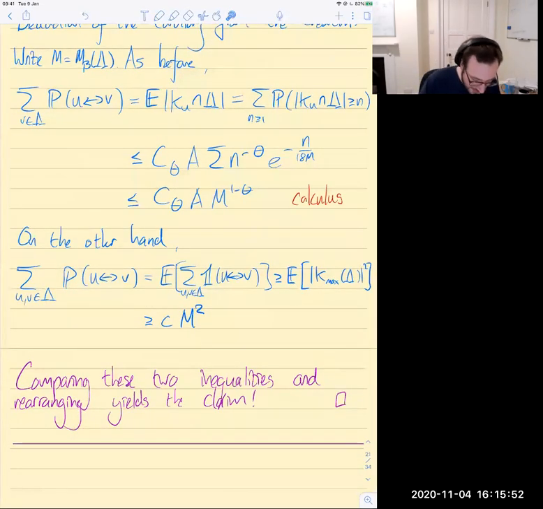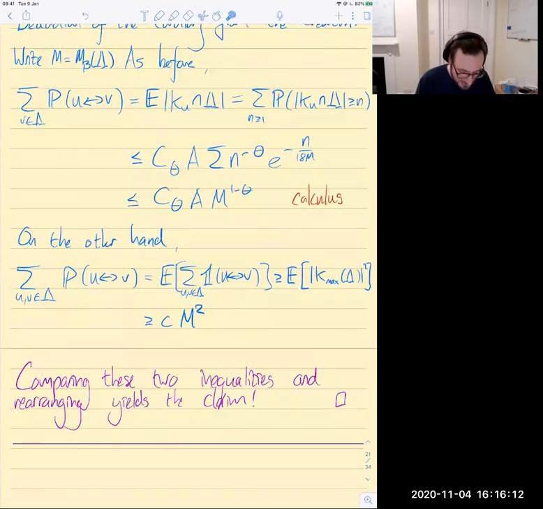On the other hand, we can also bound the same sum from below. If we sum over both u and v, then this sum is the same as this expected number of pairs that are connected to each other. And the number of pairs that are connected to each other is at least the square of the maximum cluster size.